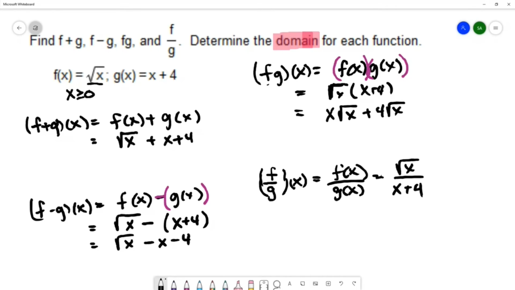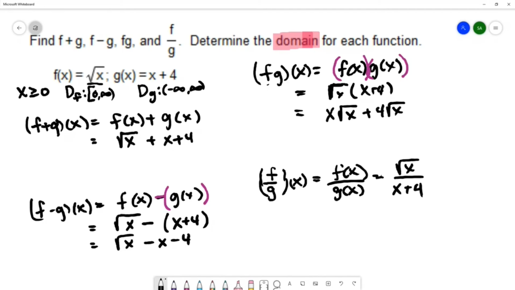So for f of x, which is square root of x, the x needs to be greater than or equal to 0, and if I were to write the domain of f, it would go from 0 to infinity. For g of x is a polynomial, and it doesn't have any restrictions on x, so the domain of g is going to be from negative infinity to infinity.